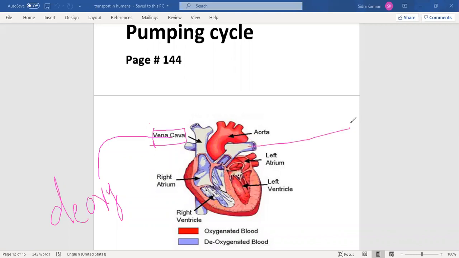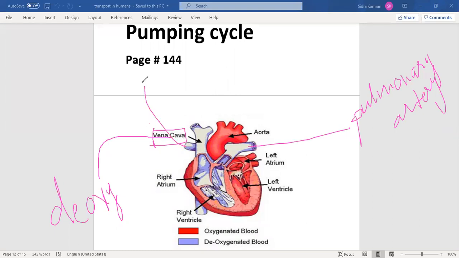Through the pulmonary artery, it moves towards the lungs. From this pulmonary artery, it moves towards the left lung, and from this pulmonary artery, it moves towards the right lung.